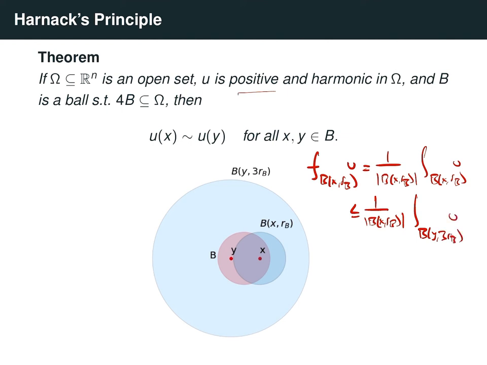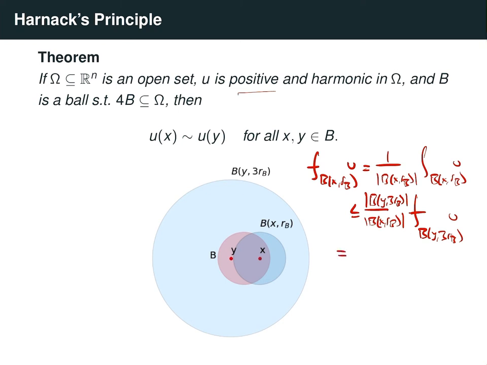of u. Now, if we multiply and divide by the volume of this ball, we get the volume of the ball B(y, 3r_B). So we multiply and then we divide, but that's the same thing as just taking the average of u inside this ball. Now we have two balls where one ball has 3 times the radius of the other, which means that their volumes are just multiples of each other.